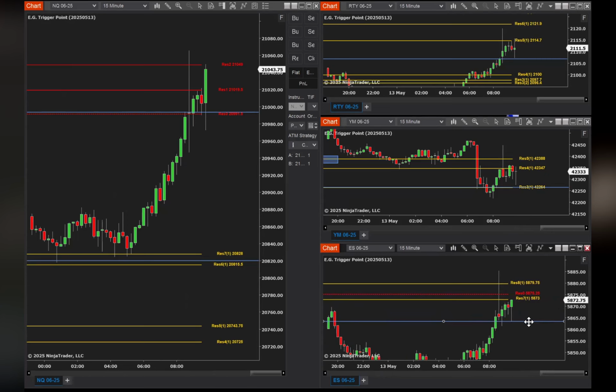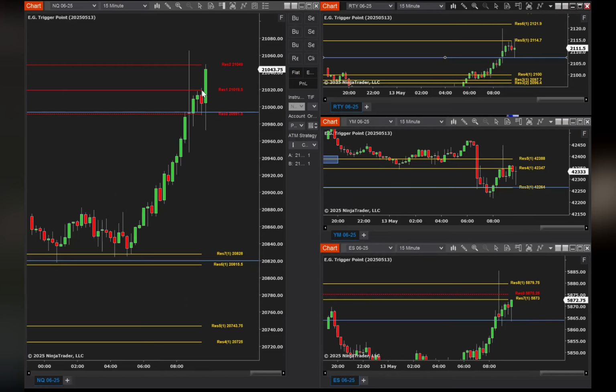At this point, I could see ES generated an intraday support. YM was at support. RTY did similarly, and NQ at this point broke above support. So I took the long trade here. ES was here. They did not contradict. YM confirmed the entry because YM was here, and I took the long trade.